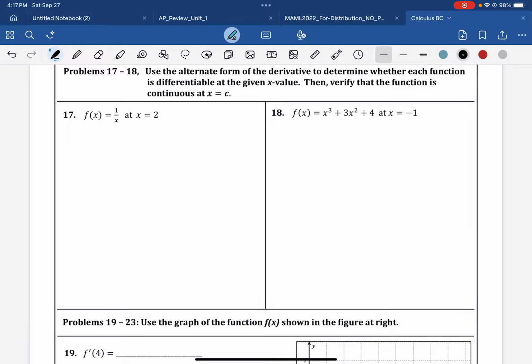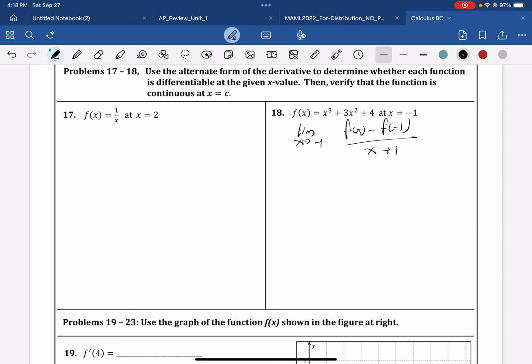The next one: f of x equals x cubed plus 3x squared plus 4 at x equals negative 1. As before, we use the alternate form of the derivative: the limit as x approaches negative 1 of f of x minus f of negative 1 over x minus negative 1, which is x plus 1.